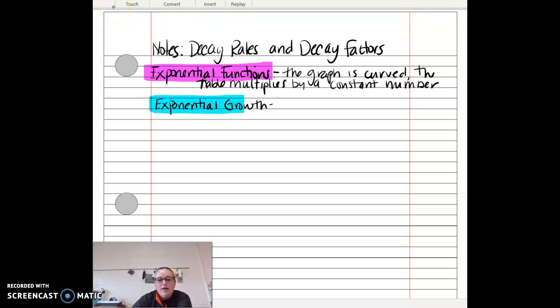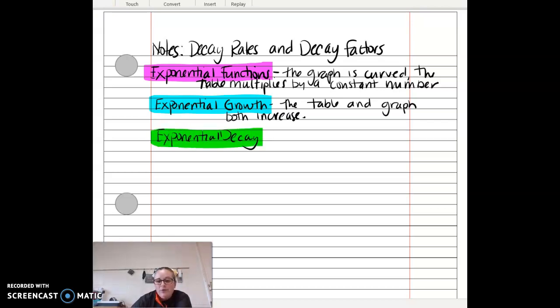Highlight that. Exponential growth, the table and graph both increase. And then exponential decay, I'll highlight that in a different color.